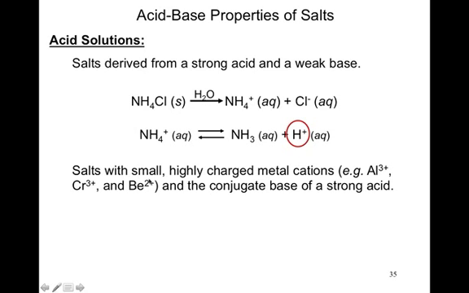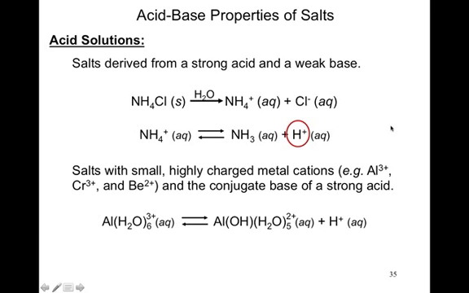Some of our really small salts that have really highly charged metal cations, these will include aluminum, chromium, and beryllium, and the conjugate bases of a strong acid, they can also give us some pretty acidic solutions. Here we have, what would this be? Let's see, aluminum hexahydrate? Yeah, 6. Yep, hexahydrate.